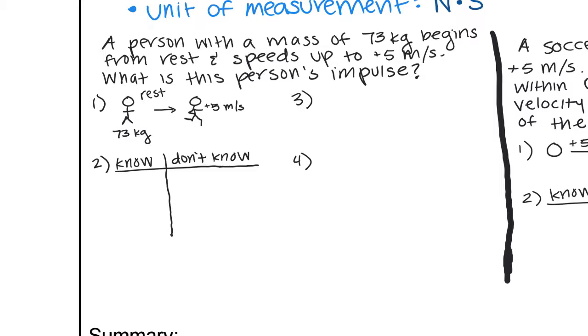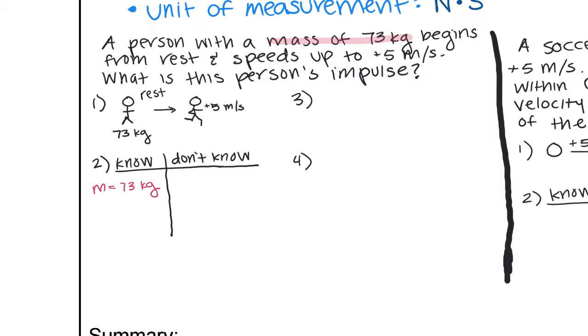First thing we see, mass of 73 kilograms. So I can write in my column, m equals 73 kilograms. They begin from rest. Now that should indicate something about that object's motion.